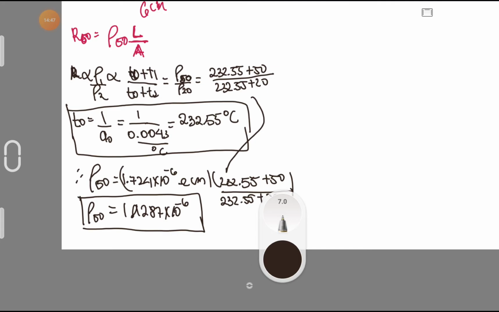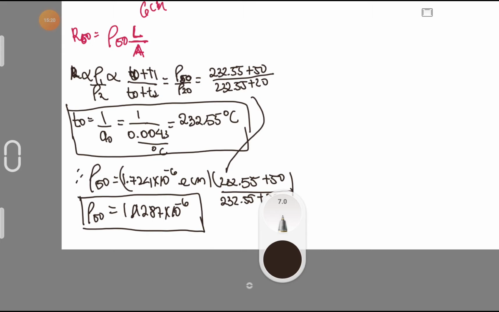Okay? So yung resistivity ng material, siya yung magdadala ng pagtaas ng temperature. Okay, so huwag na natin isama yung length kasi magiging redundant na. Okay, so from that, we may basically get the value of our L and also the area.